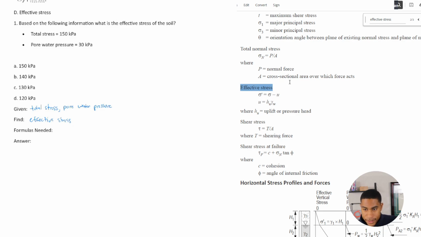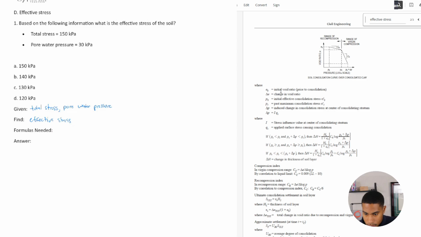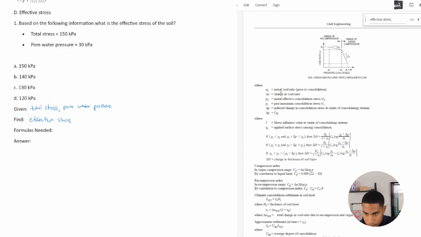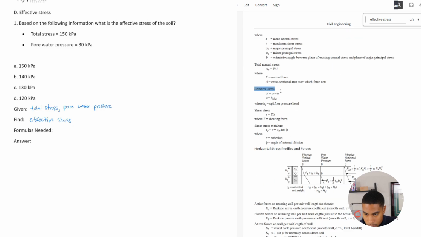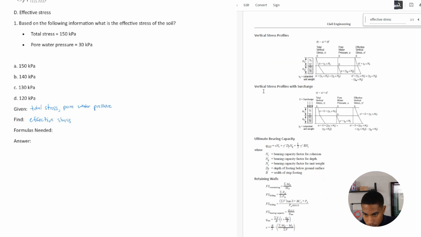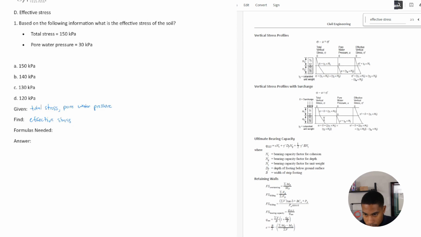Because we don't know what the symbols mean, it's not very helpful to us. Okay, so see if they tell us what those symbols mean somewhere. Oh, it does not.